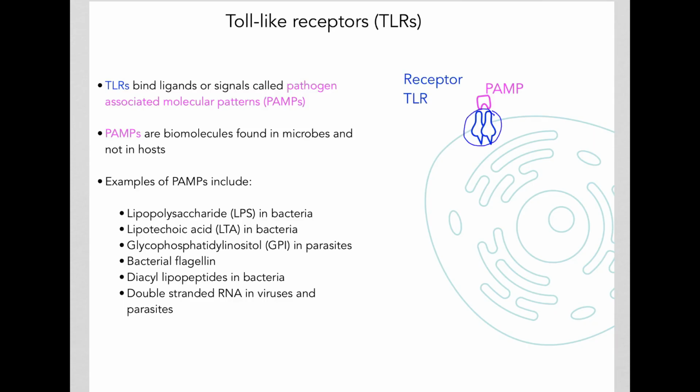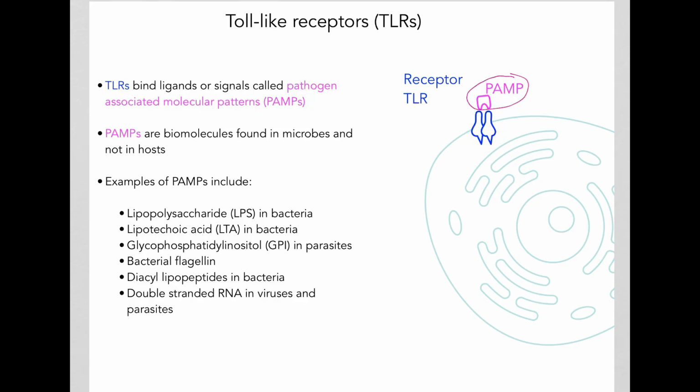These toll-like receptors bind signals called PAMPs, and PAMP stands for pathogen-associated molecular patterns. So these are biomolecules found in pathogens.